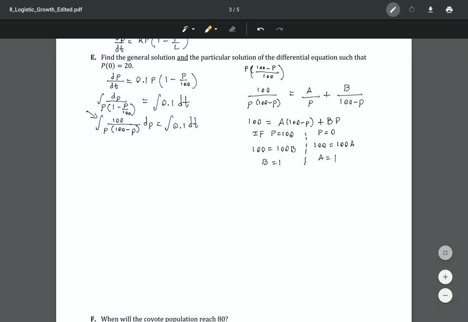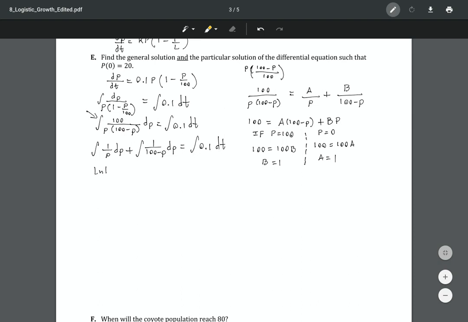All right, so now I'm going to write what I have over here so you can see what I'm doing. So now I can actually separate that integral into the integral of 1 over p dp plus 1 over 100 minus p dp is equal to the integral of 0.1 dt.